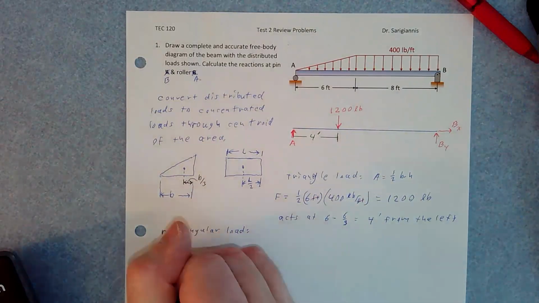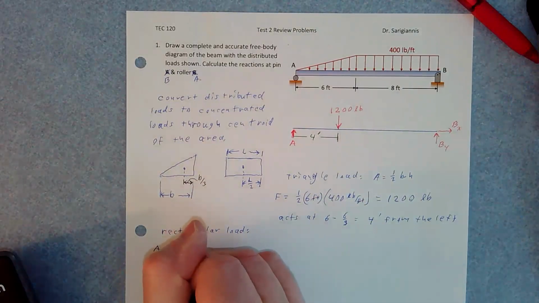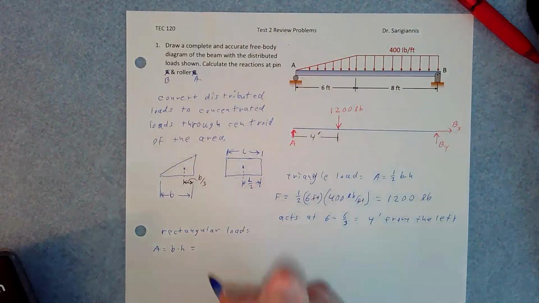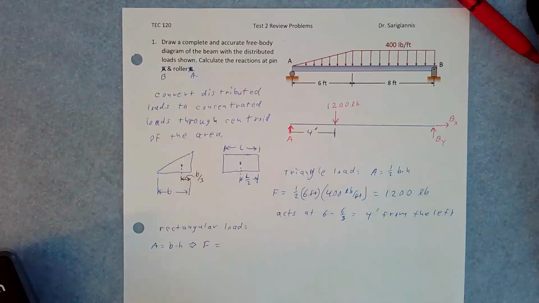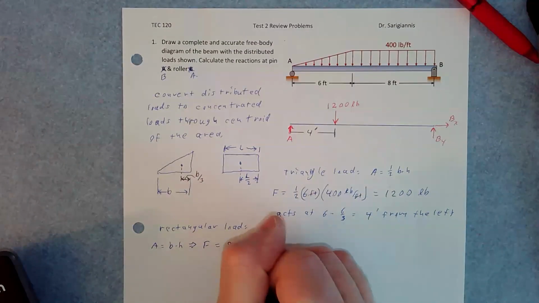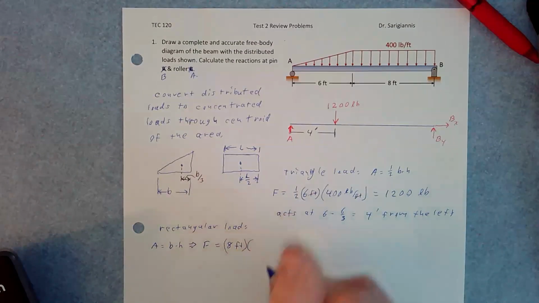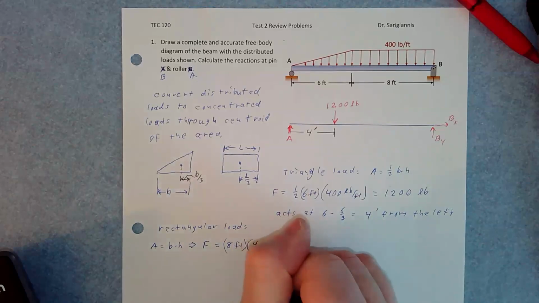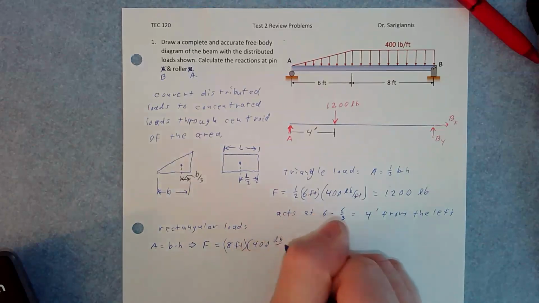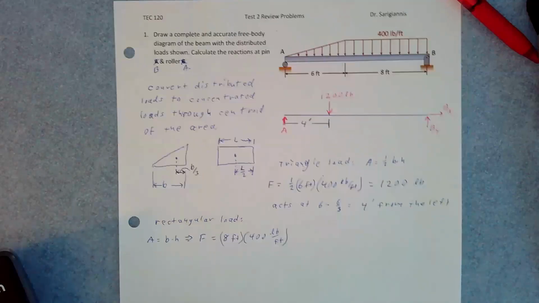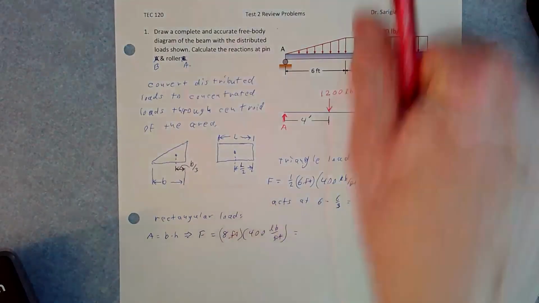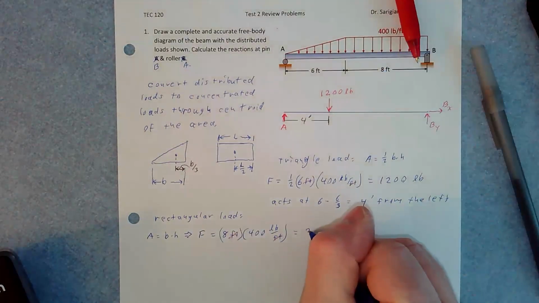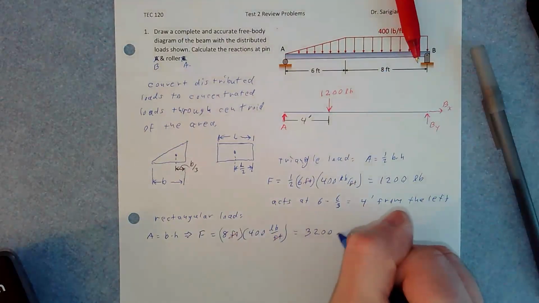We've got the area is just base times height. So that means the force is, we've got an 8-foot base times the height, 400 pounds per foot. Again, feet cancel. You're left with 3,200 pounds.